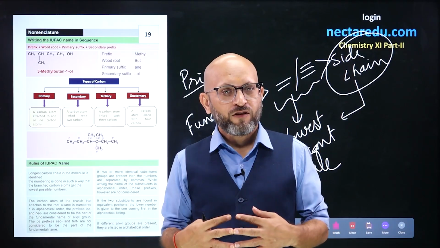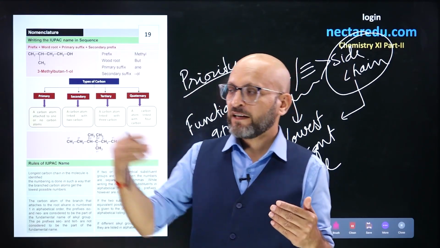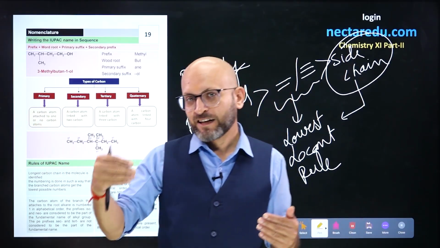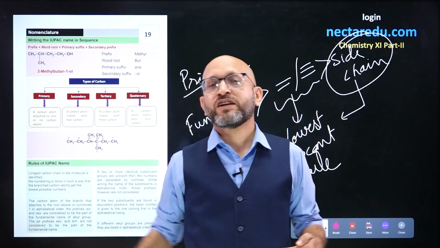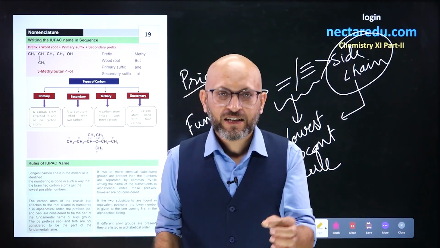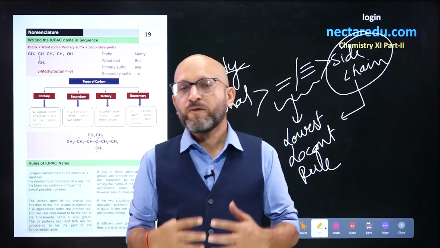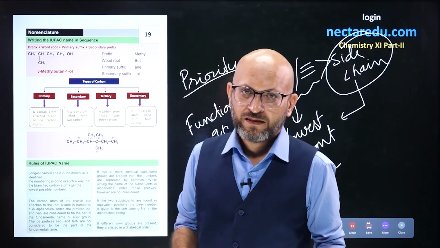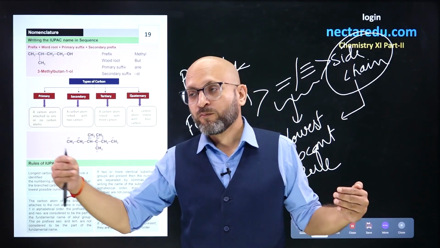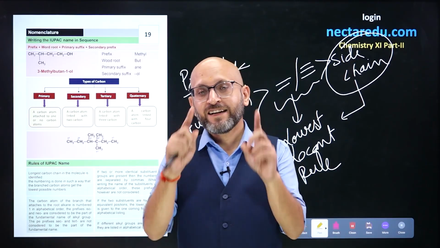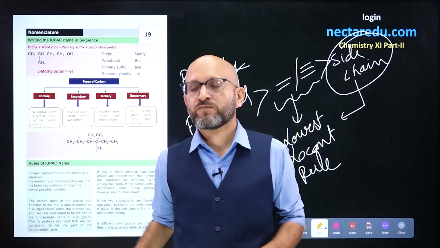When the positions are not different, when from the left you get bromine on the second position and from the right you get chlorine on the second position, then give priority to the one that comes first alphabetically. So the numbering will start from the bromine side. So alphabetical order is the tiebreaker. If you are tied from both sides and the same numbering is coming, then decide whichever comes first alphabetically, and start numbering from that side.